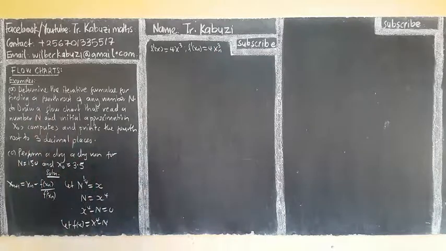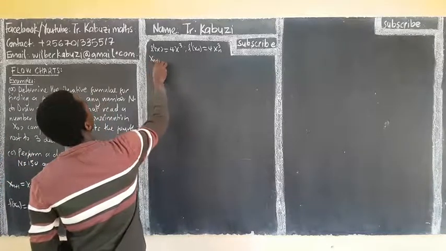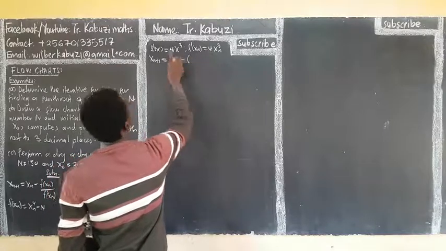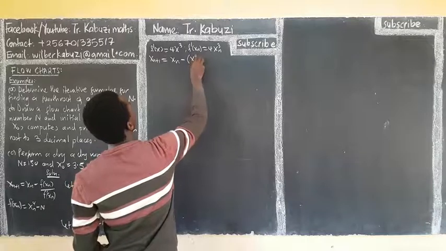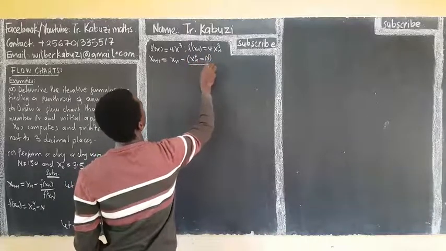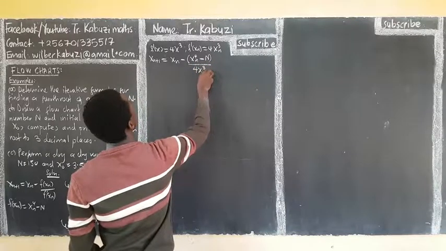So I evaluate this at f, so that our f at xn will be xn^4 minus n. Substituting into this formula now, my xn plus 1 will be xn minus this formula here, xn^4 minus n, the whole over the derivative, which is 4xn^3.